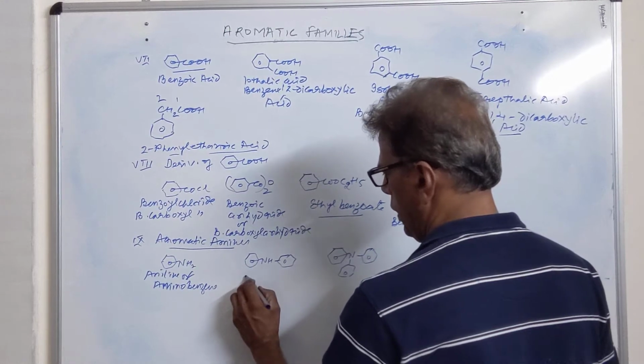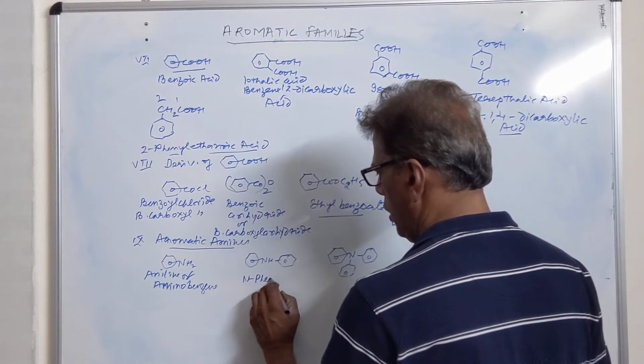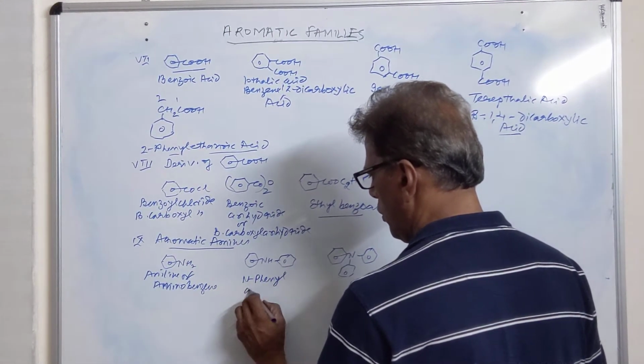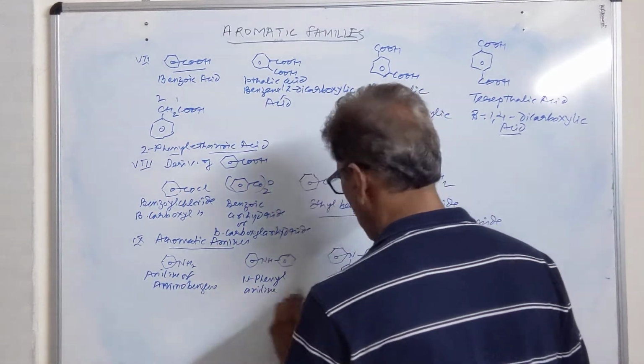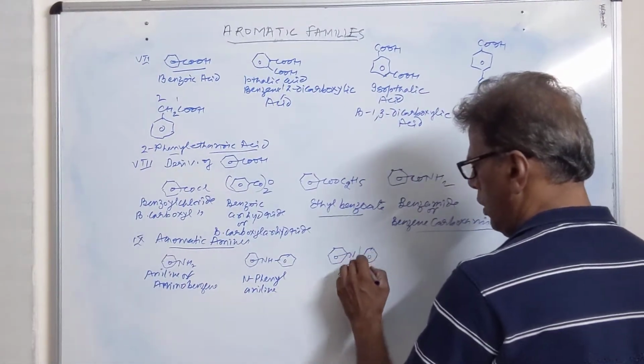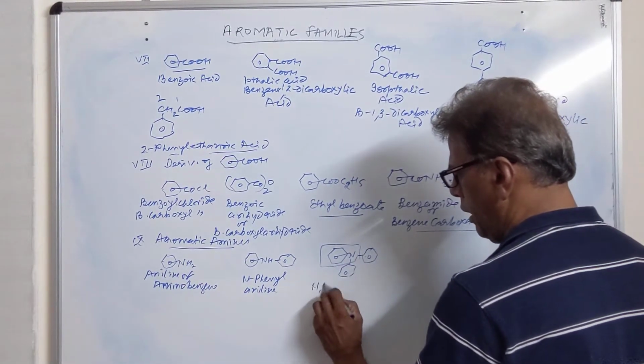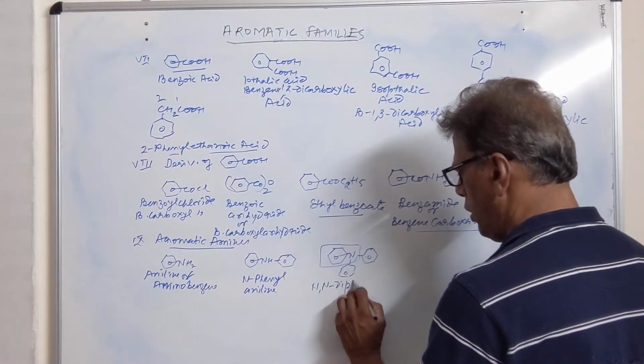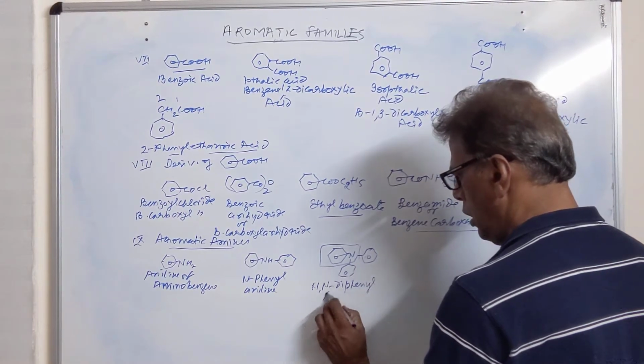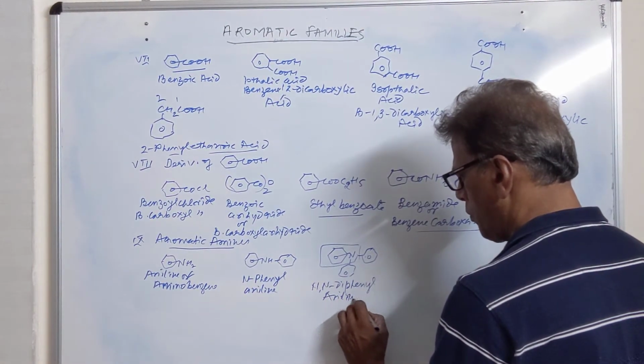This is N-phenyl aniline. Here one system is aniline, 2 are substituent. N,N-diphenyl aniline or aminobenzene.